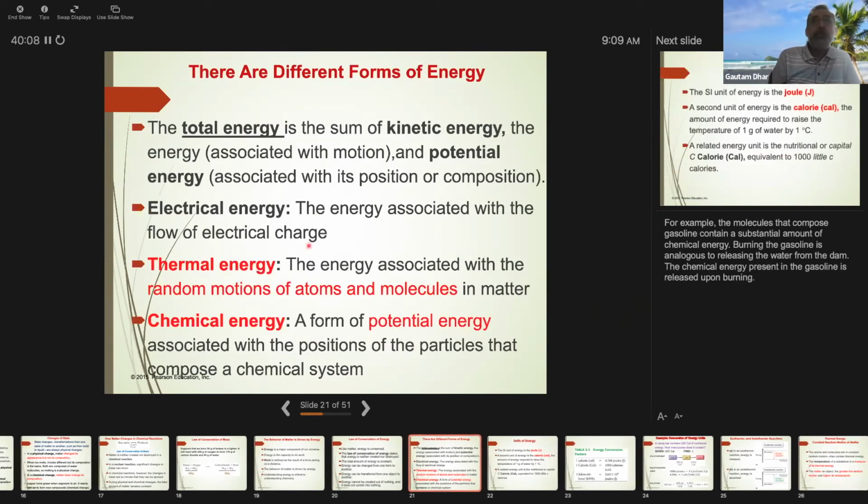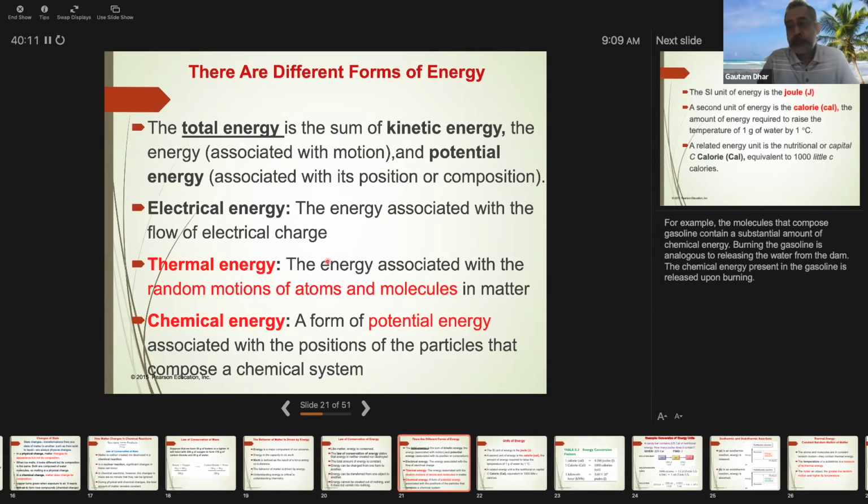So the total energy, if you think of mechanical energy, is the sum of kinetic energy and potential energy. Now, what is kinetic energy? Kinetic energy is the energy associated with motion: a moving car, a moving rock, moving water. These are kinetic energy. And then potential energy is associated with position, or often composition, like stored energy.